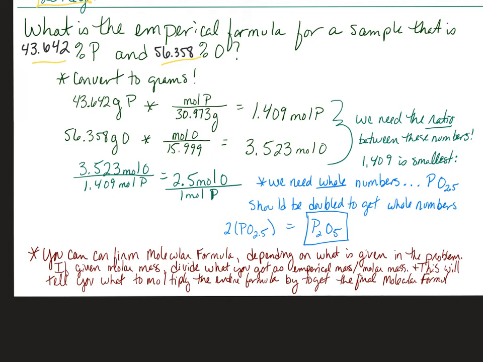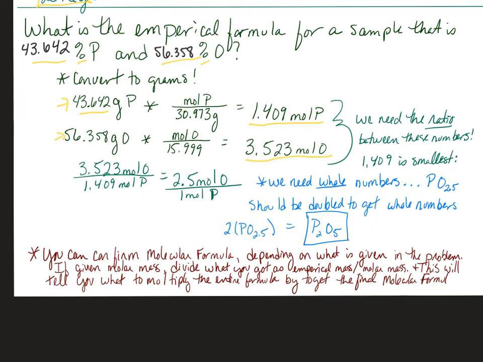And instead of calling this percent, I'm going to say that's how many grams of phosphorus I have, and this is how many grams of oxygen I have in my sample. So, if I'm starting right here, I have 43.642 grams of phosphorus and need to figure out how many moles that is. So you do that, and bam, that's how many moles you have. You do the same thing for oxygen. And bam, that's how many oxygen moles you have.